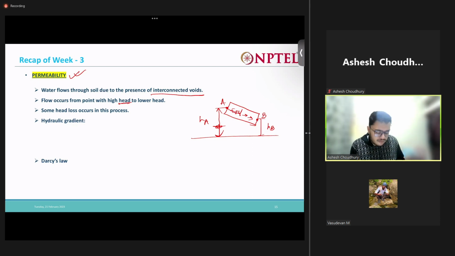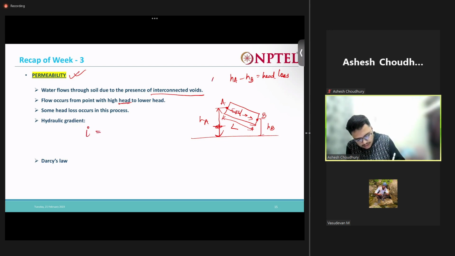Head loss is nothing but HA minus HB. The water is flowing along a length L. So what is my hydraulic gradient? Hydraulic gradient is I equal to delta H, the head loss, divided by the length of flow.